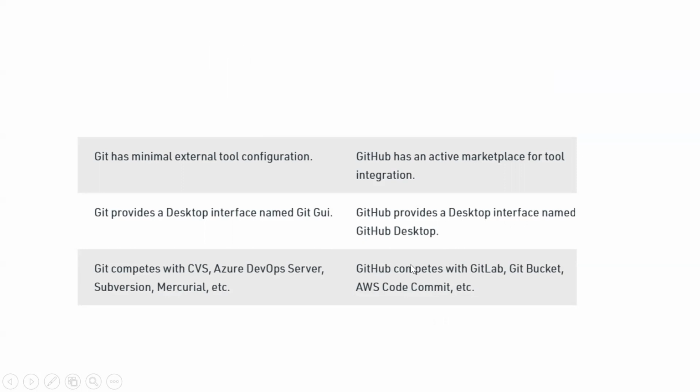For GitHub we have GitLab, Gitbucket, which are different services based on Git only, and AWS CodeCommit. But Git and GitHub, the particular software and this service, are the most popular ones. To date we do not have such a competitor just like Git and GitHub.